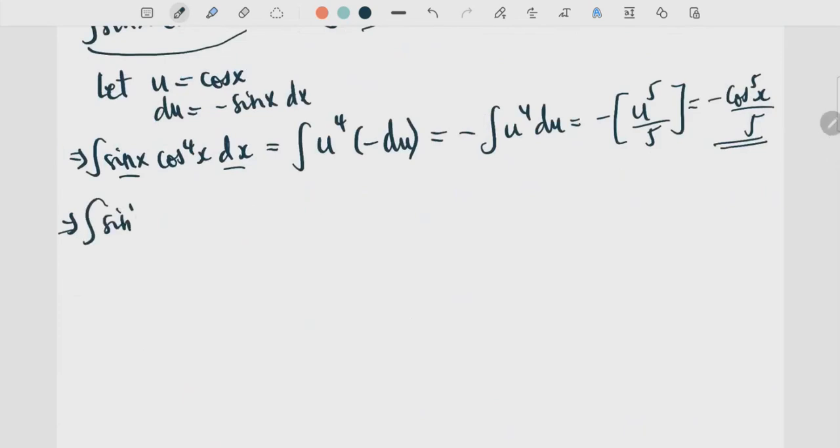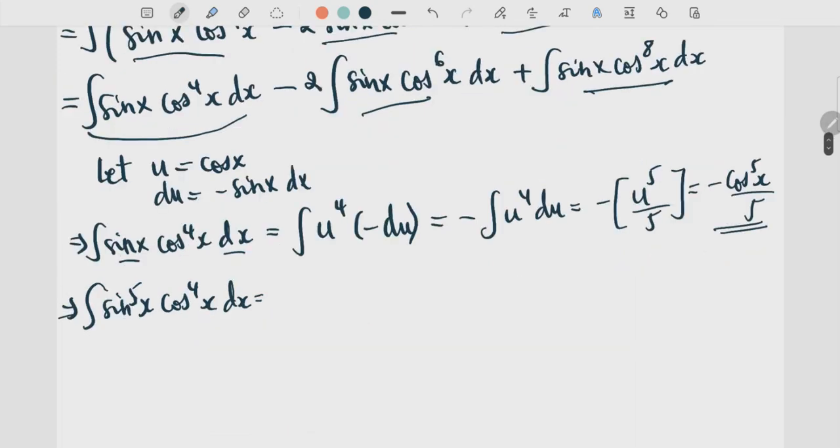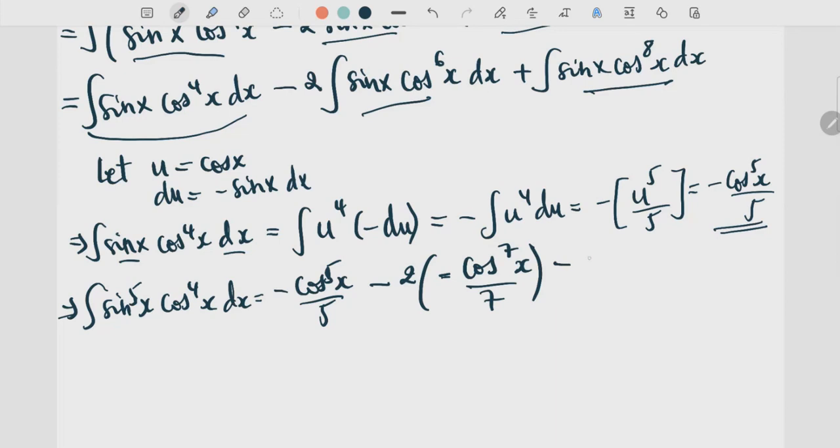The integral of sine to the 5x cos to the 4x dx is therefore equal to the first integral here, negative cos to the 5x over 5, minus 2 times negative cos to the 7x over 7, plus, rather minus, cos to the 9x over 9, right?